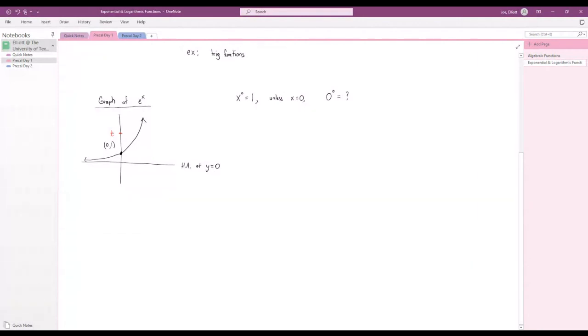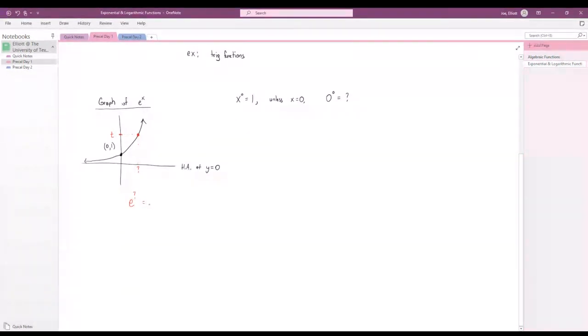I'm just going to call it t right now. When you look at the exponential graph, you can see that there is a value down here on the x-axis such that if I take e and raise it to that power, it returns a value of t.